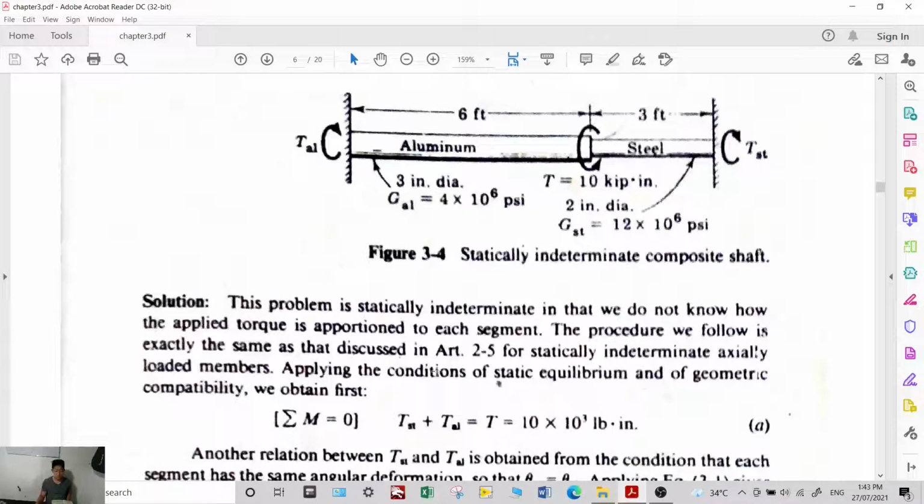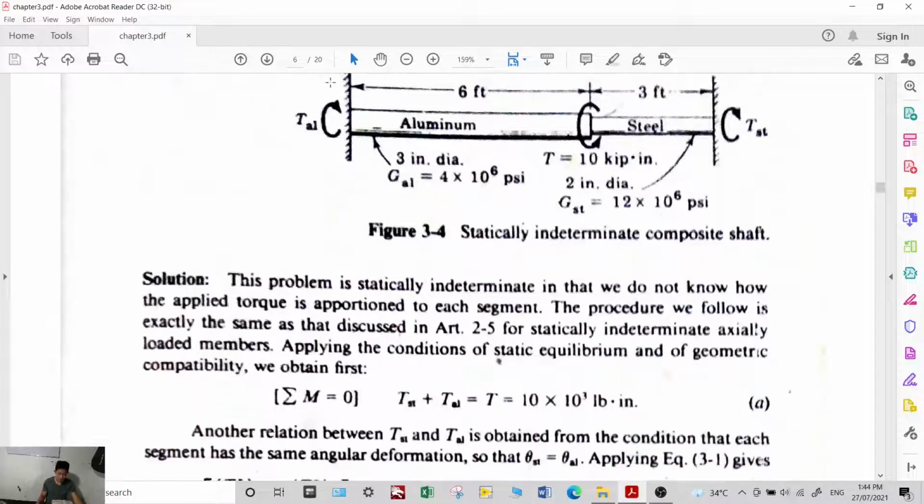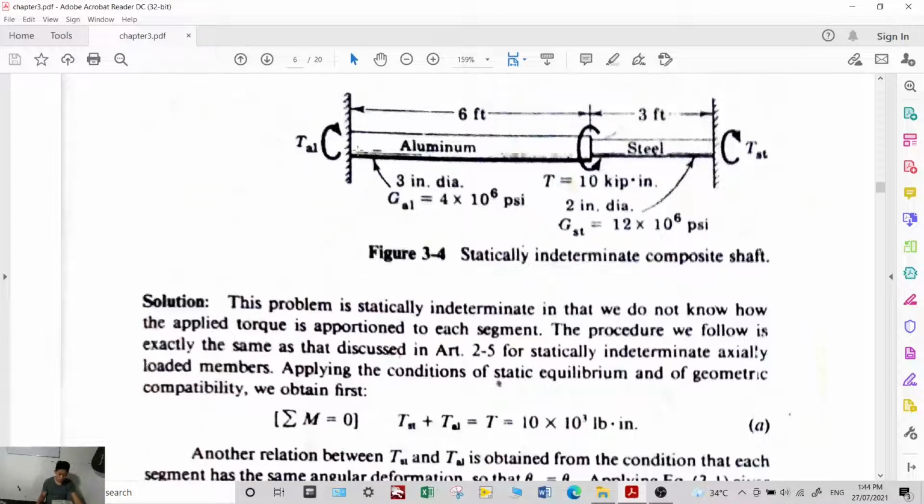So first we sum the moments to maintain static equilibrium. The summation of moments is equal to 0. So what is the torque here?